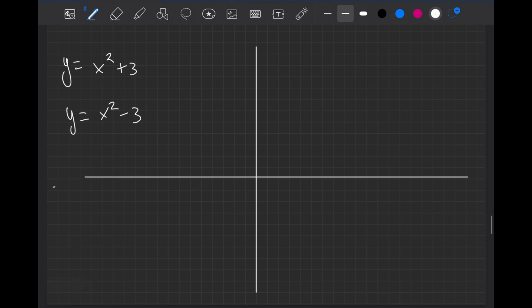Okay, and then if it's x squared plus 3 or x squared minus 3, that's going to take the graph and move it up or down. So for plus 3, the vertex would now be here, 2 to 4, and the quadratic would be moved up like that. If it's minus 3, then the vertex would be here, and then we would continue graphing just something like this.